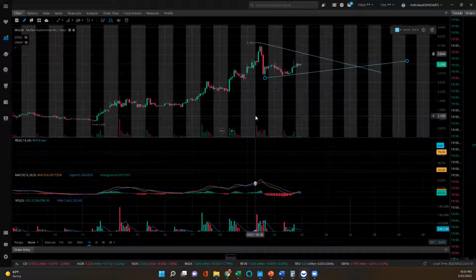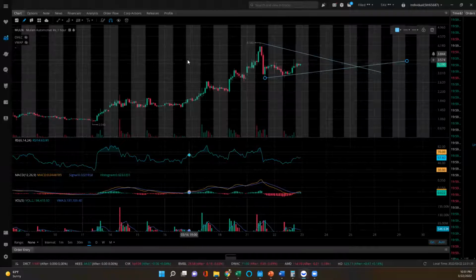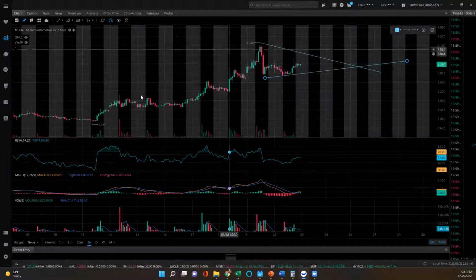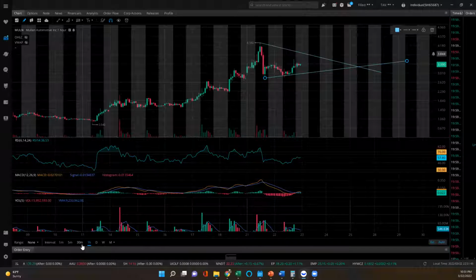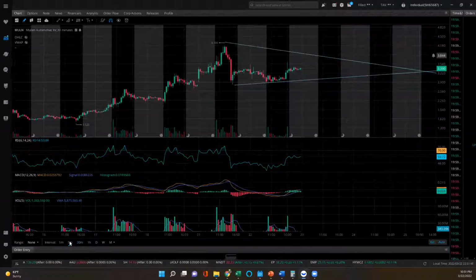So what we would do as traders is wait for a confirmation of a breakout of the wedge or a resistance break because we're only going for a short-term gain. We come down to the 30-minute, the same thing.